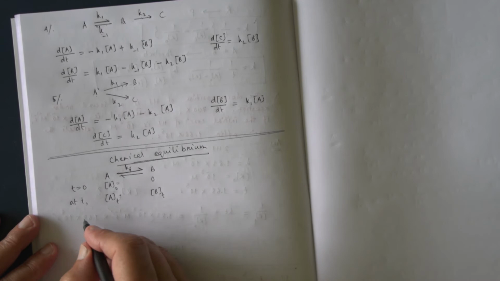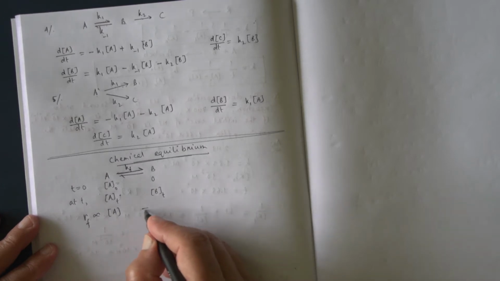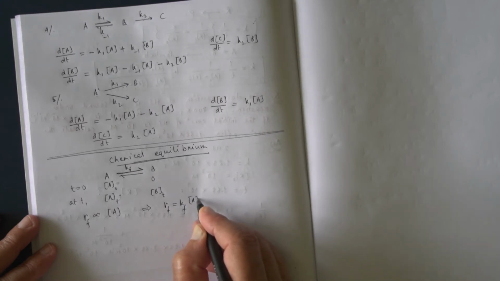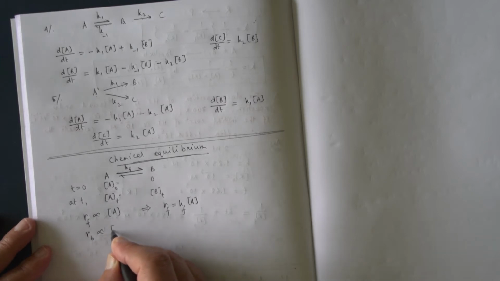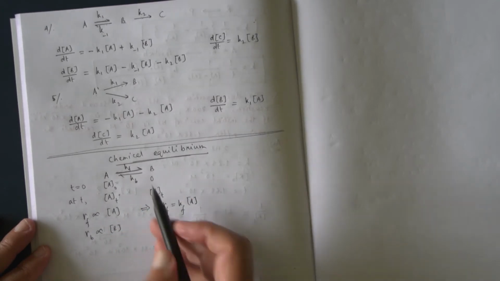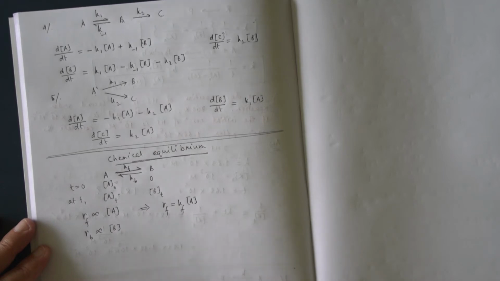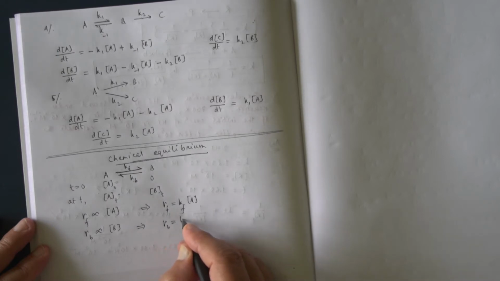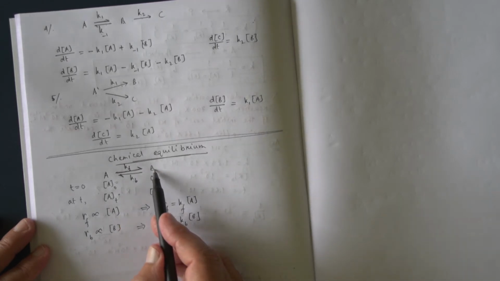So the rate of forward reaction is proportional to concentration of A, so we get rate of forward reaction equal to Kf into A. Similarly, rate of backward reaction is proportional to concentration of B, and the rate constant of backward reaction is Kb. So Rb is equal to Kb B. For the backward reaction, the reactant is B.